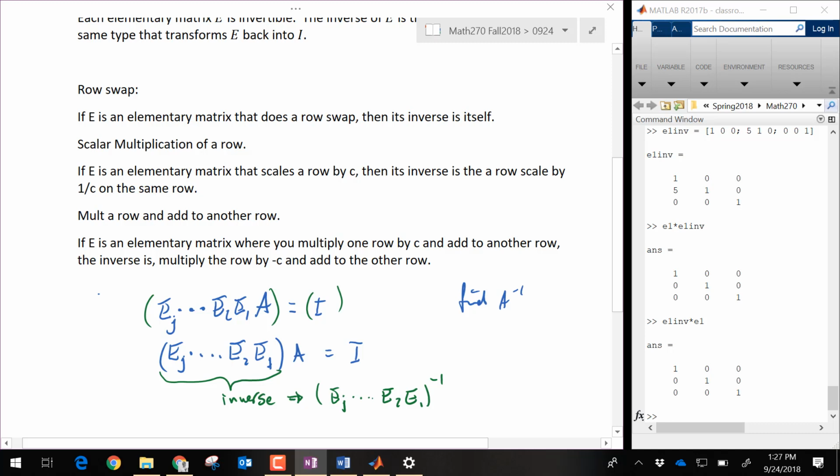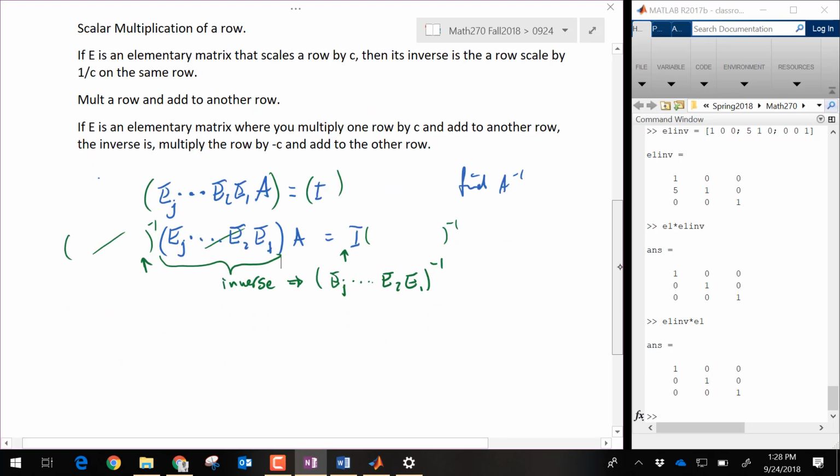Imagine if I multiply by the inverse on the left side of either side of the equation, then the inverses would cancel out, and I would have the inverse times I. But since I is the identity, I can multiply that on left or right.